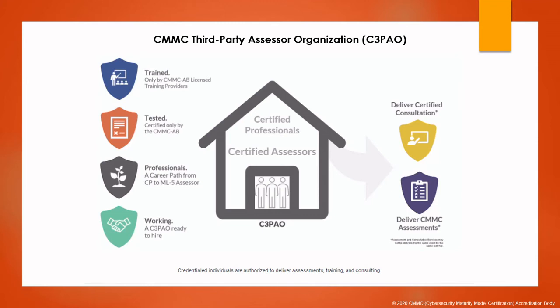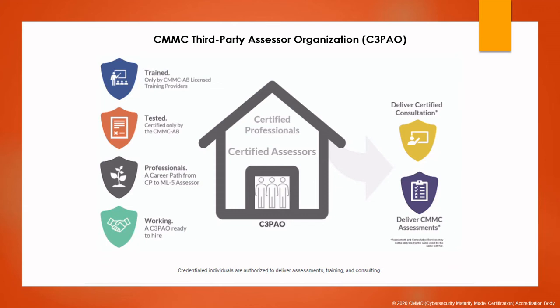If a security control or practice, as the CMMC calls it, is found to either not be implemented or is implemented incorrectly, this could actually result in a failure from that assessor or the CMMC AB. Another good thing to note, though, is all of the C3PAOs will submit their findings to the CMMC AB for a final review.